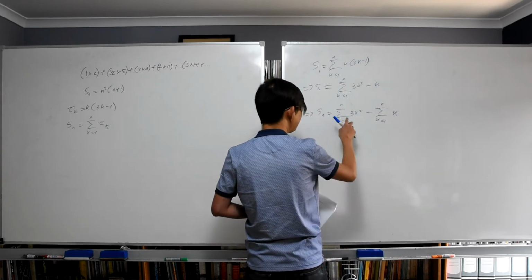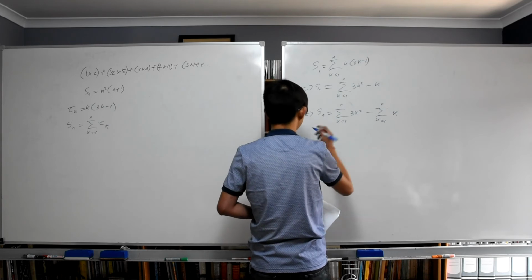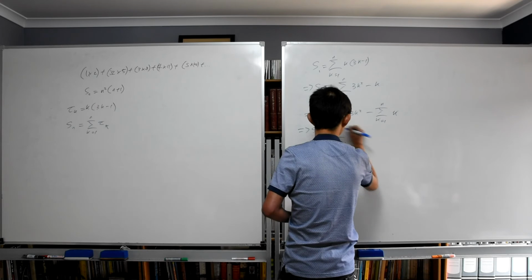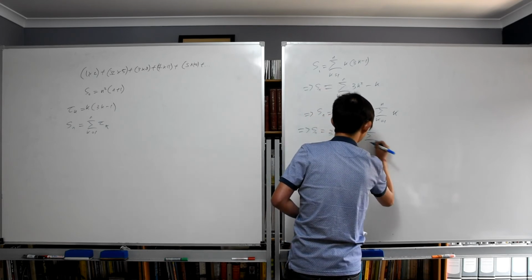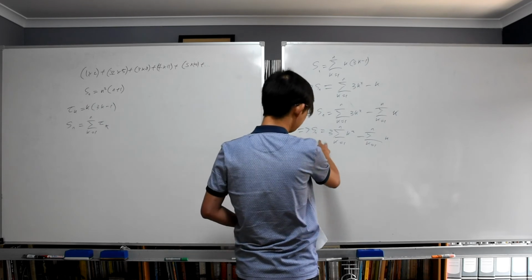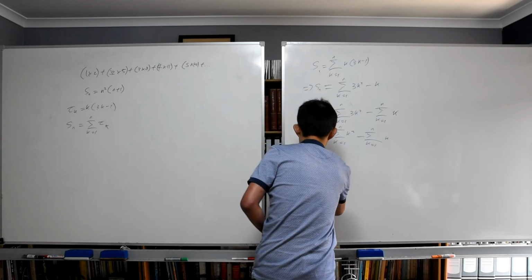And we know that the summation operator, we can pull out any constants. Now what are these two portions, these two partial sums?